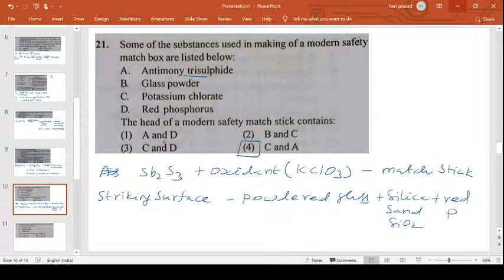Potassium chlorate, KClO3, and antimony trisulphide are present on the matchstick. In the matchstick we are using these two substances. Okay, next question we'll take.